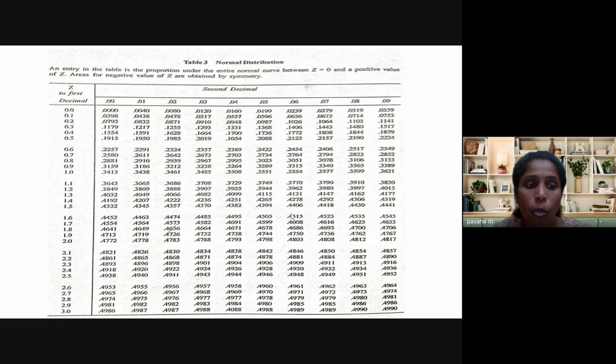So 0.2 and 0.05, the value is 0.0987. Now you go through this particular value from 0 to 0.25, the value is 0.0987. Now you want the right side of that particular value.